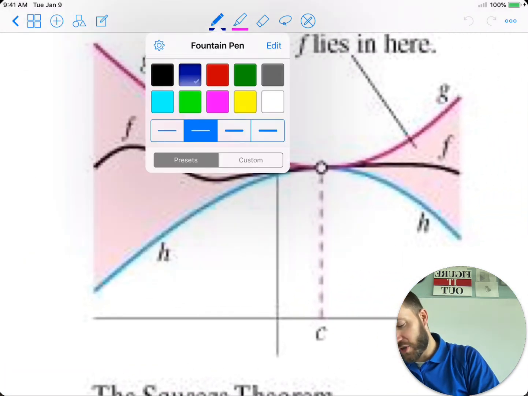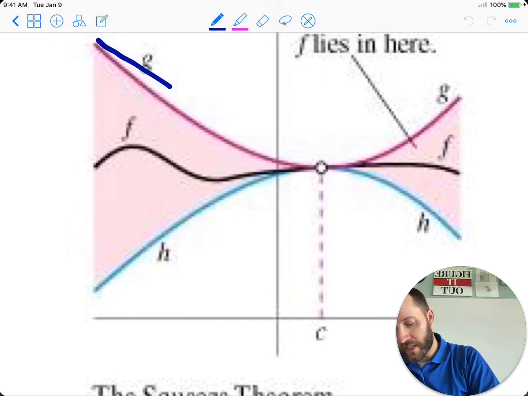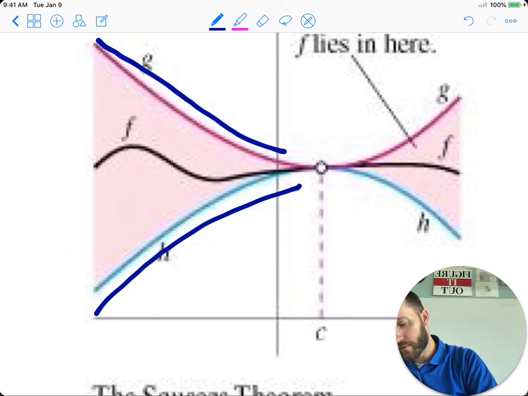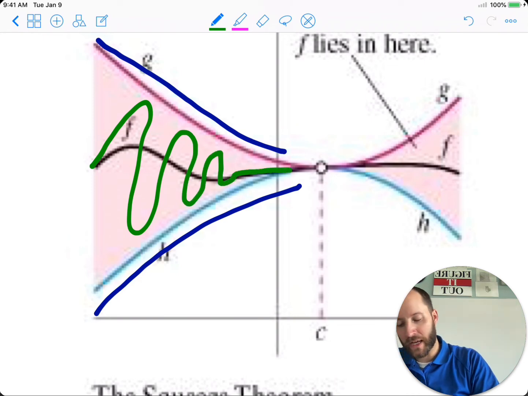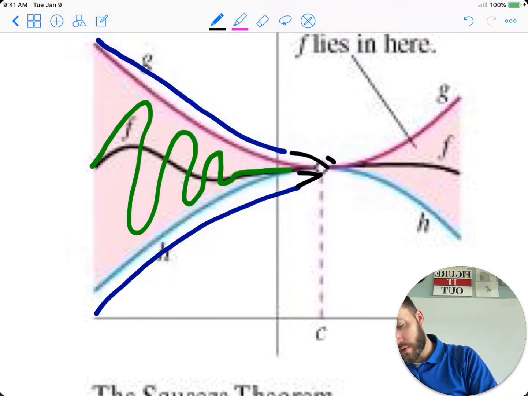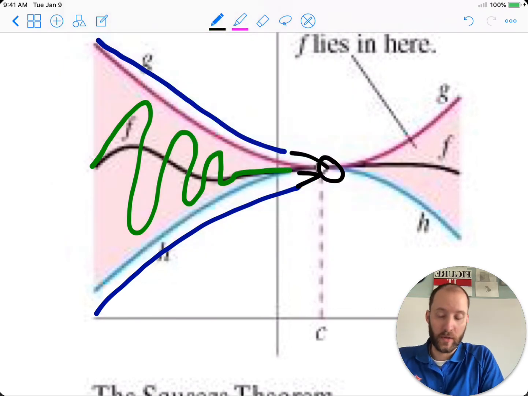So as g goes down, as h goes up, f stuck in the middle will have to kind of converge with them and get squeezed by them. So then they're all going to go to the same location. Alright?